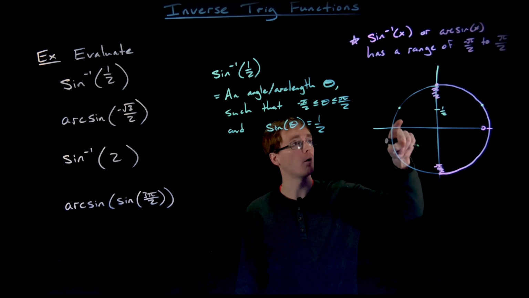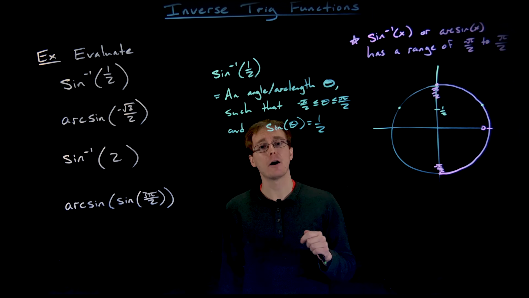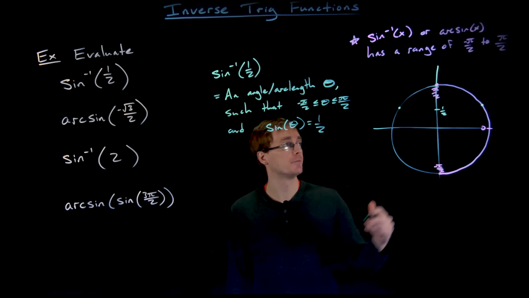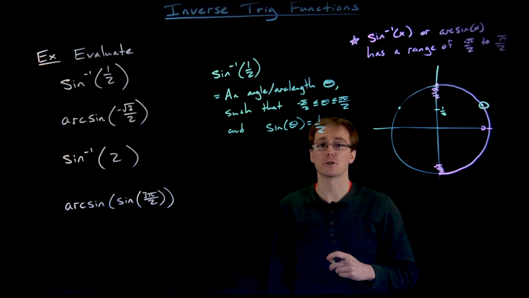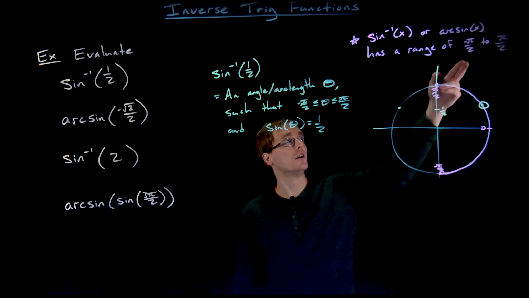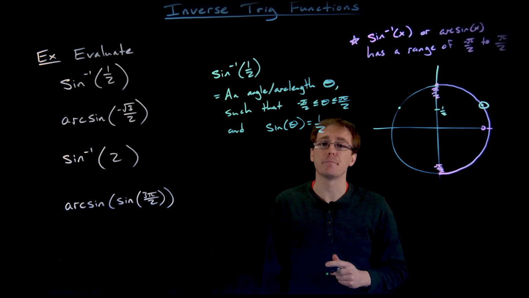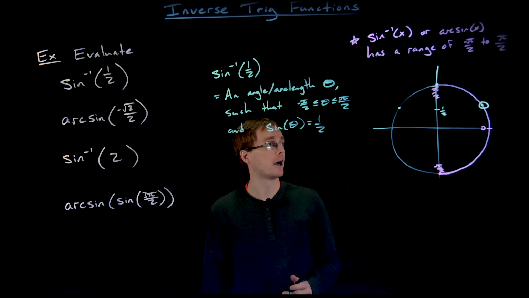One is in the first quadrant and the other is in our second quadrant. The only one that is going to come out of our sine inverse expression is going to be this one in the first quadrant. And that is because this angle in our second quadrant will not be in that interval of angles or arc lengths from negative pi over 2 to positive pi over 2.